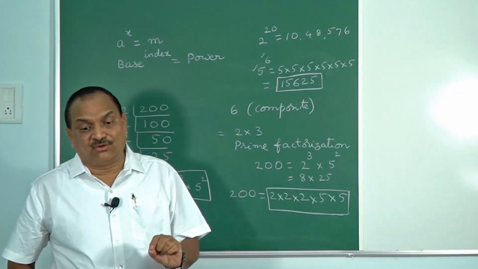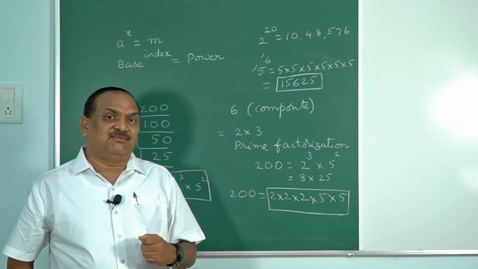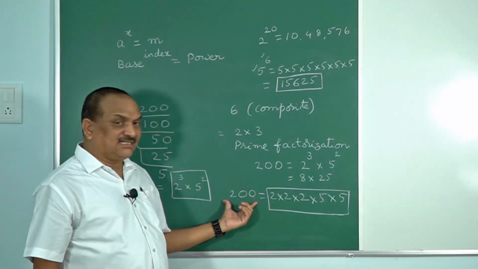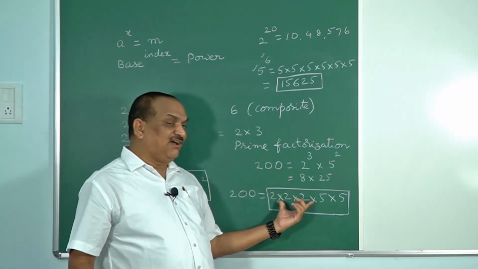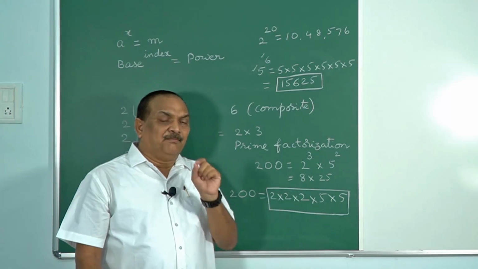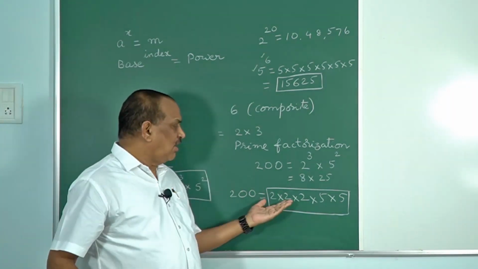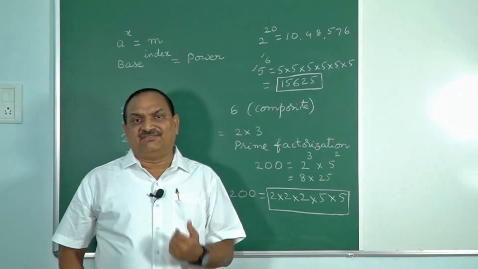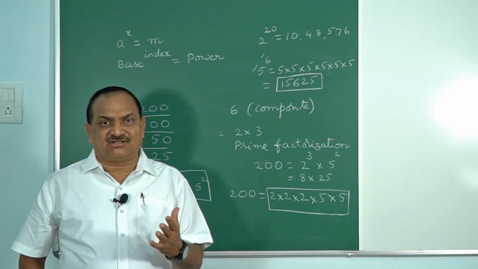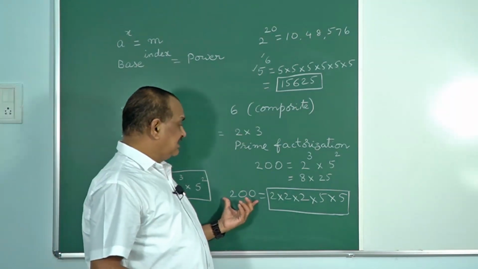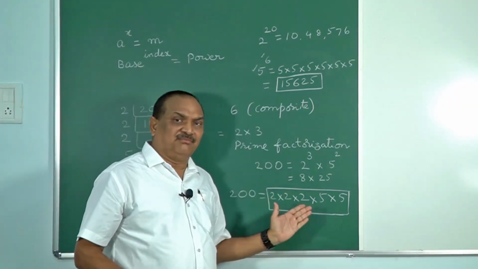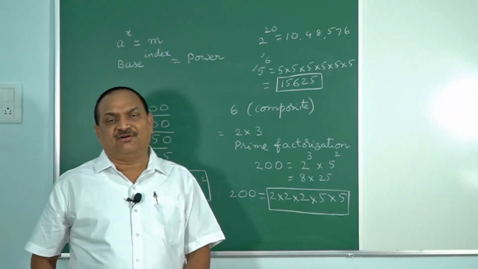And therefore, the fundamental theorem of arithmetic categorically states that any integer can be prime factorized in a unique way, barring the fact that the order can change. If that can be ignored, it can be resolved as a product of prime numbers in a unique way, one of its kind.